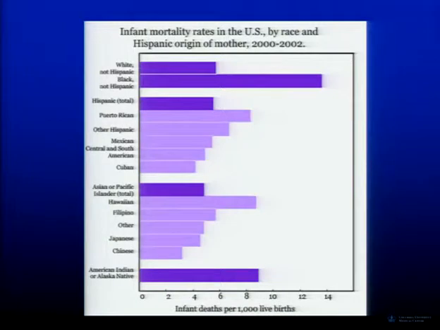How many newborns died? Some of them died. We started with 32,200.